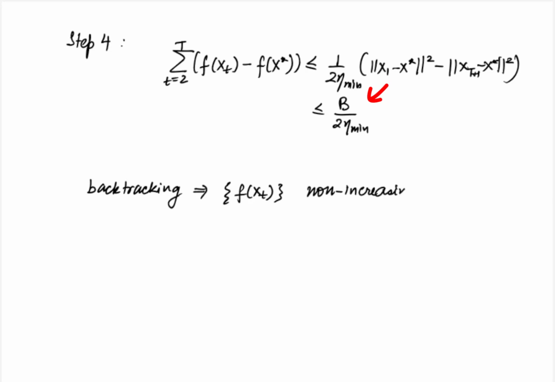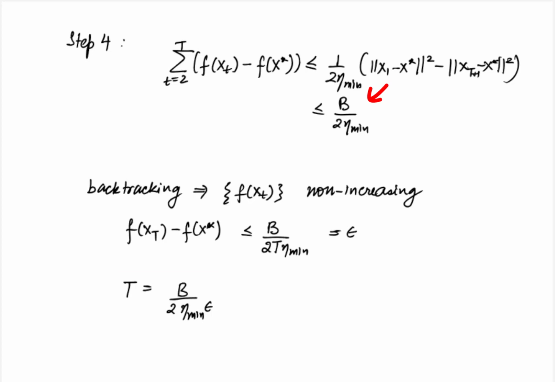So finally we have that f of x capital T minus f of x star is less than or equal to b over 2 times eta min times capital T, which is the required performance bound. So if we set it equal to epsilon, we get T equal to b over 2 times eta min times epsilon, which is the required oracle complexity.